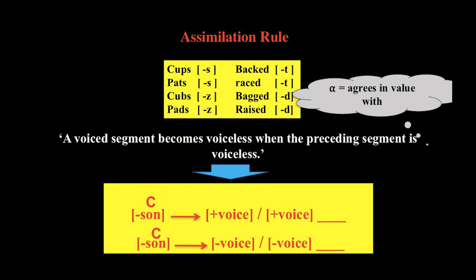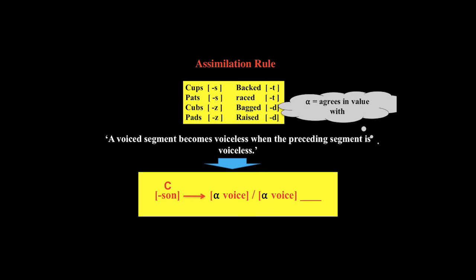So instead of writing two phonological rule notations, because we're describing either the two sounds agree in voicing, they become both of them voiced, or they agree in voicing and they become both of them voiceless, we can use the alpha symbol. We can write simply a minus sonorant consonant becomes alpha voice if it is preceded by alpha voice.